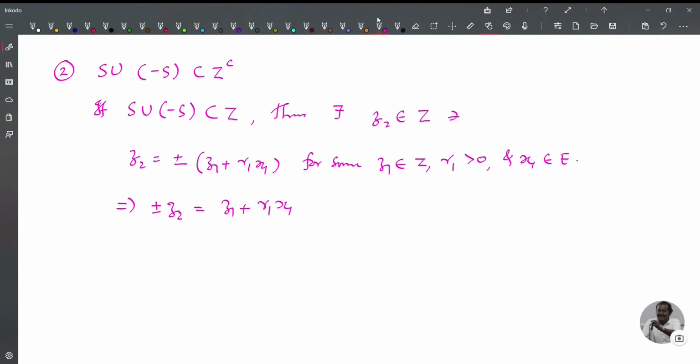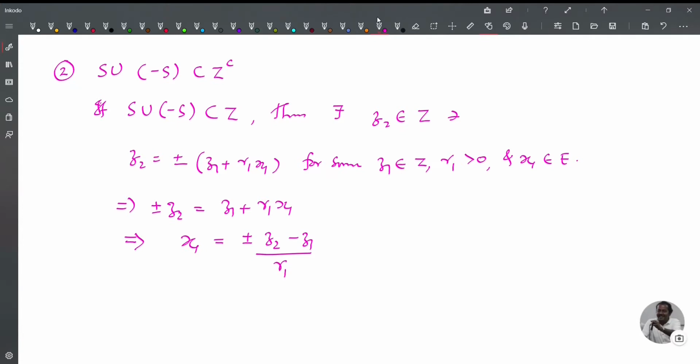So this implies x1 equal to plus or minus Z2 minus Z1 divided by R1.